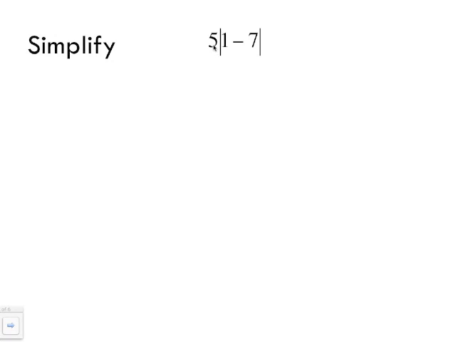So we've got 5 and then the absolute value of 1 minus 7. So we read this as the absolute value of 1 minus 7. So what is 1 minus 7? It's going to be a negative 6. So this is what the next line is going to look like.